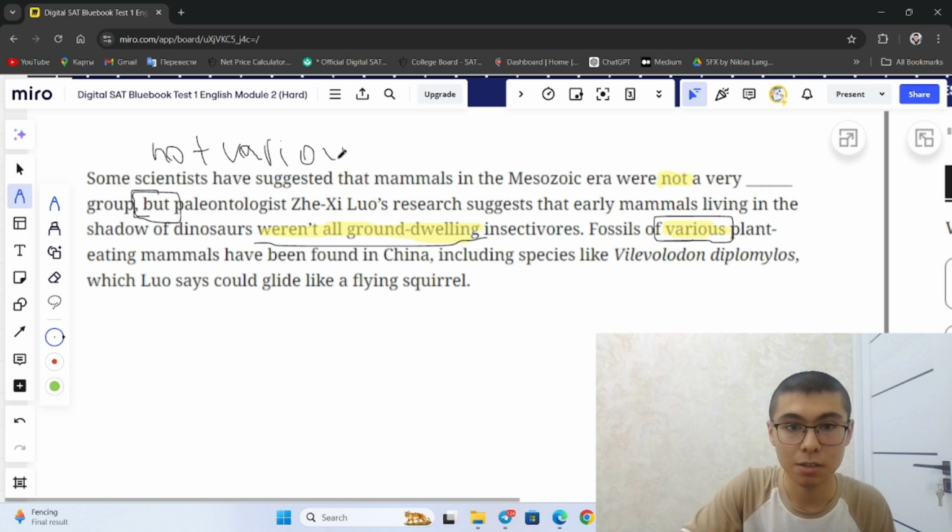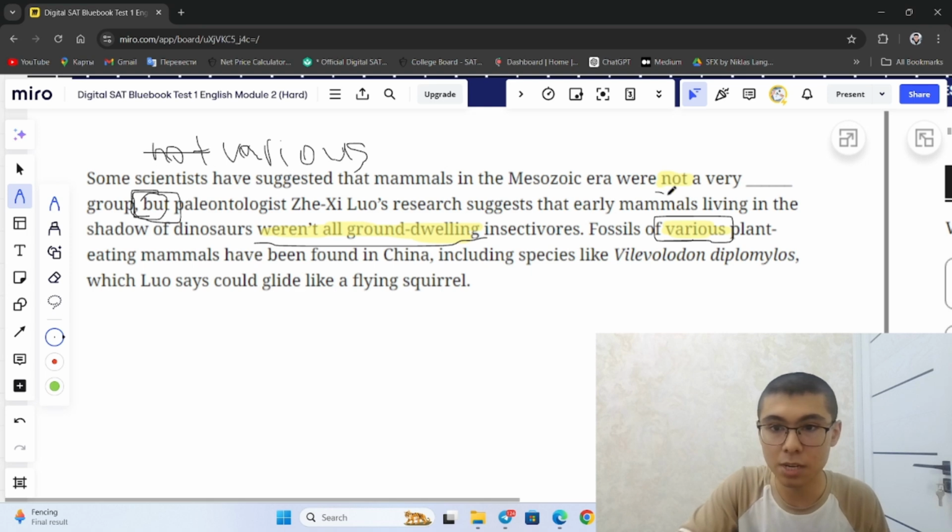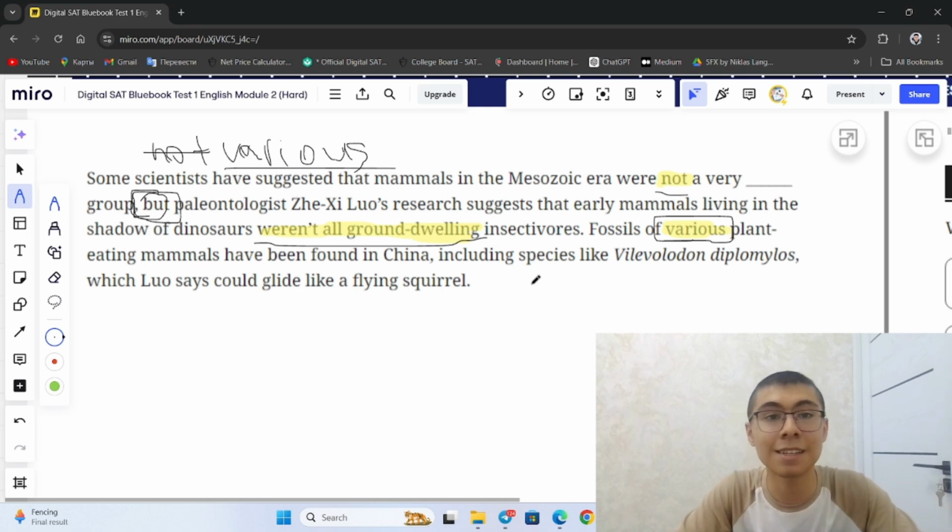Not various, because here we have various, but before that there is but. So here there has to be an opposite of it, which is not various. So we can remove not because we already have not here. So various, we need a word that is exactly the same as various.